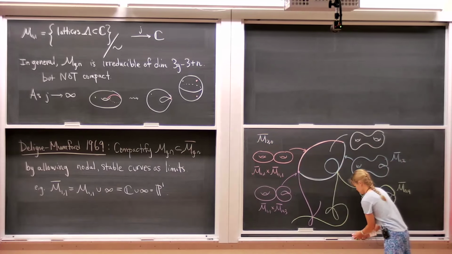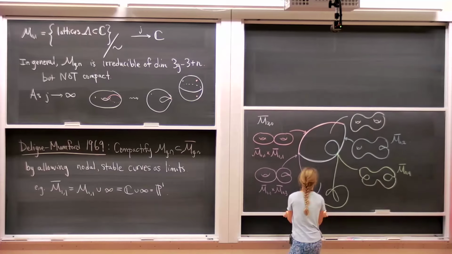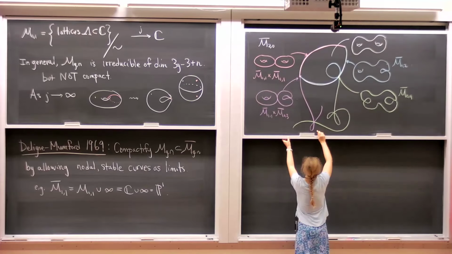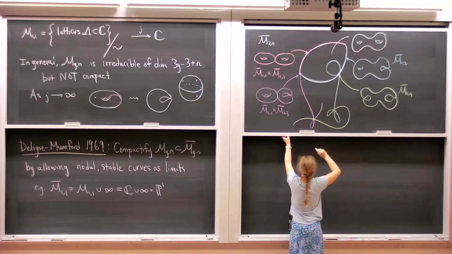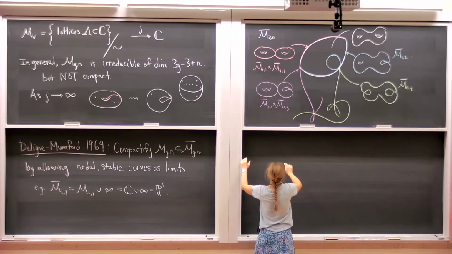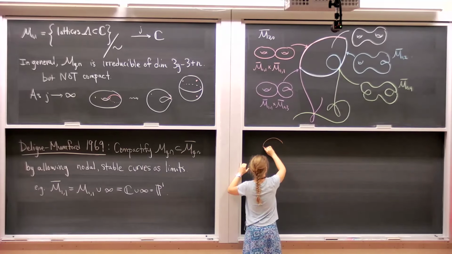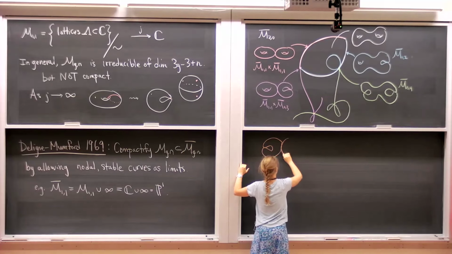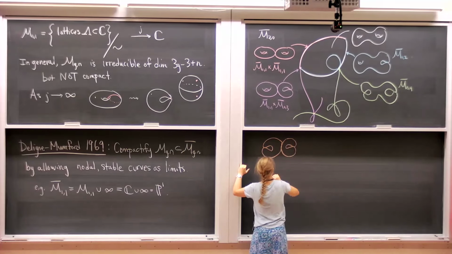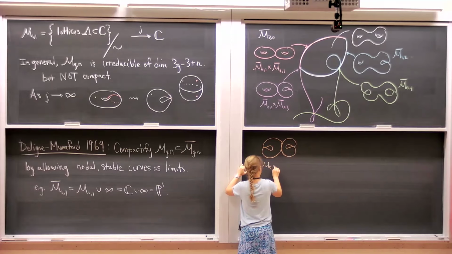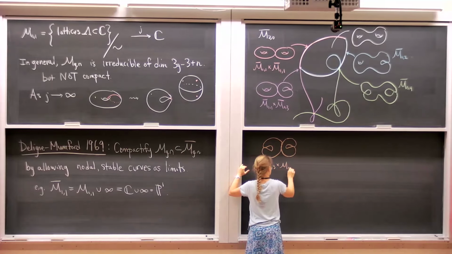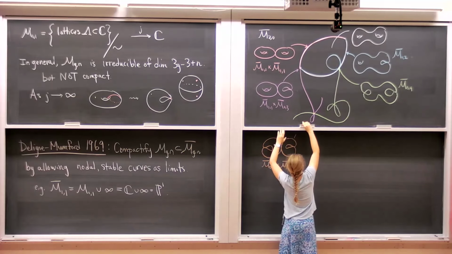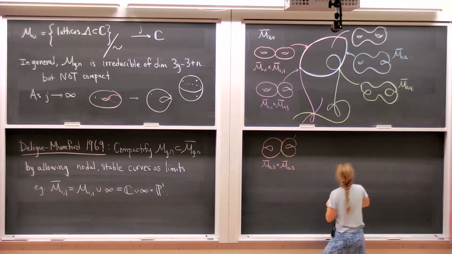And the place where these 2 meet corresponds to the curves that look like this, where I take 2 genus 0 curves and glue them together, and then glue together 2 points on each of them.